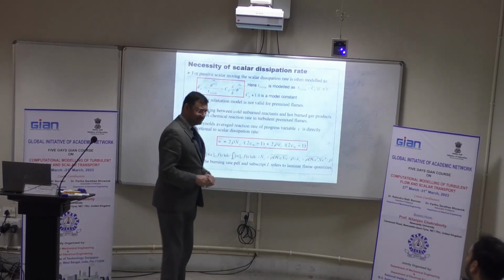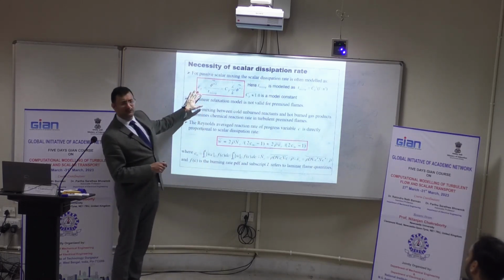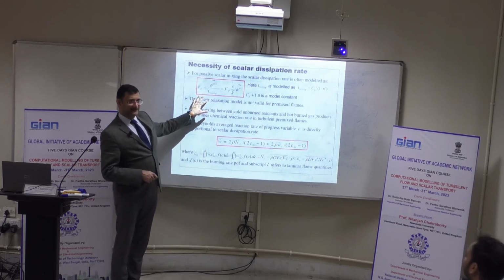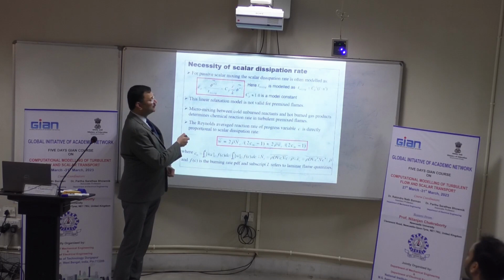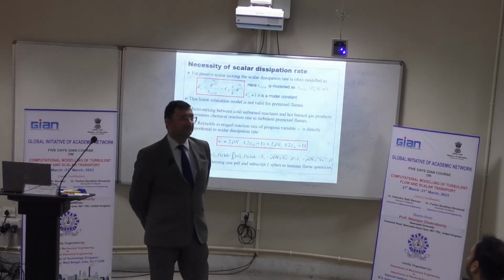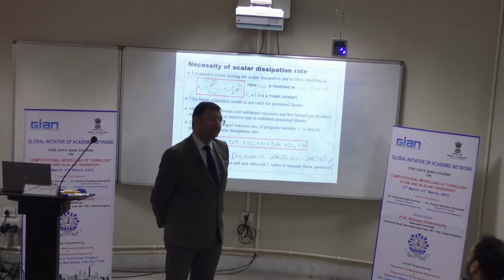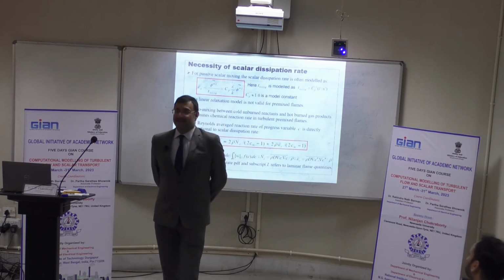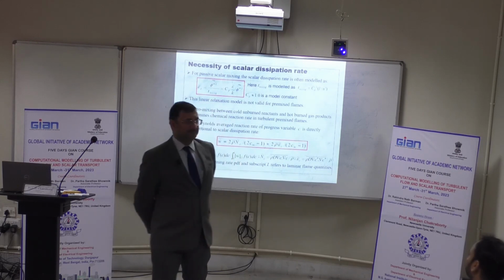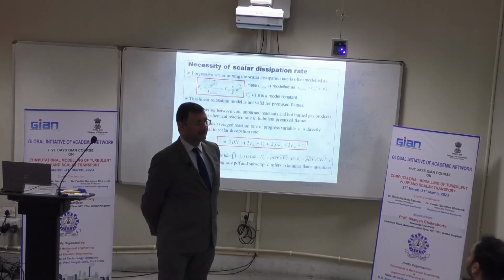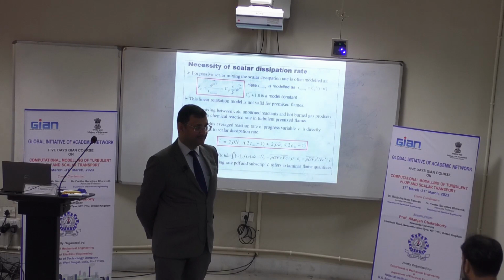One other thing to note: this is a model for mixing, right? But see which are the input parameters, K and epsilon. So if you are solving model transport equations for K and epsilon, isn't it? Effectively, if you are doing a RANS calculation, your K and epsilon values come from solving the K equation and epsilon equation.